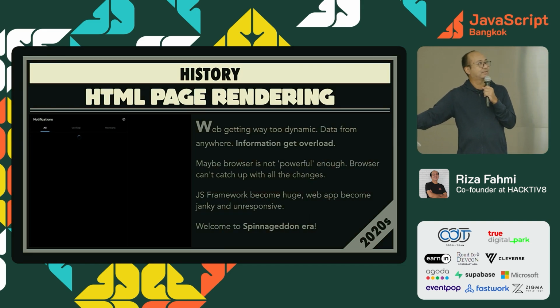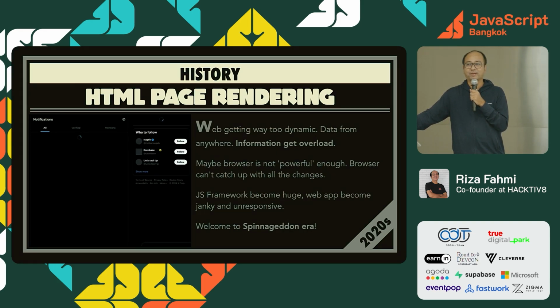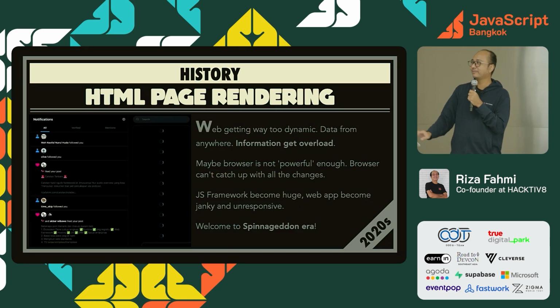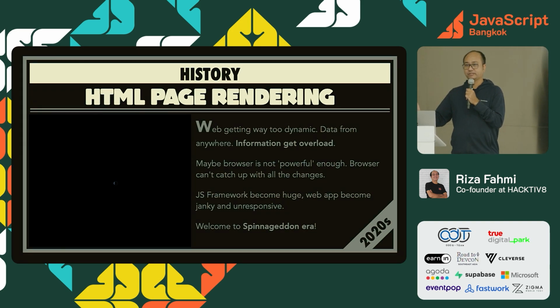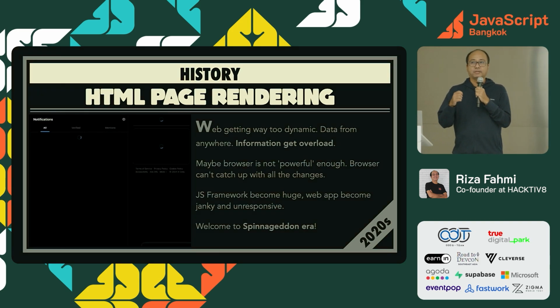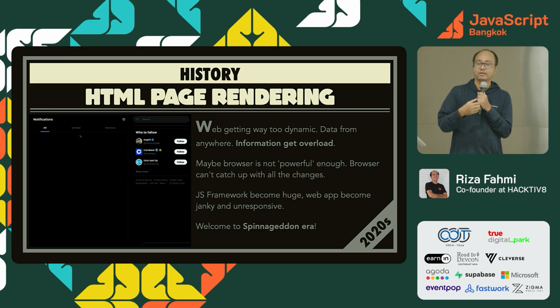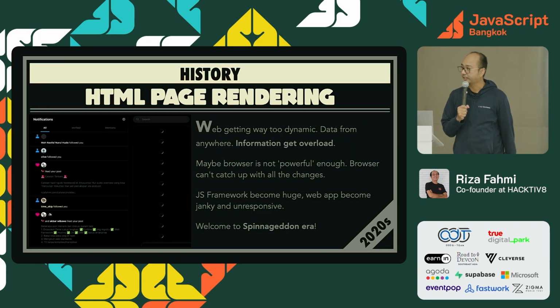And then web apps became too dynamic. We got data from everywhere, and information overload. Maybe for some users, the browser is not good enough, not powerful enough, because maybe we open it on our mobile with a limited internet connection.